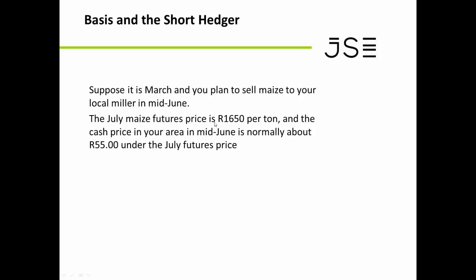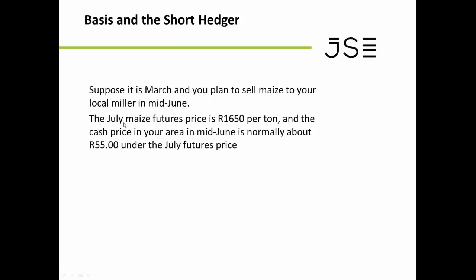The July maize futures price, traded in March, is 1,650 Rand per ton, and the cash price in your area by mid-June, people historically know that around June, the difference between your cash and your futures price is normally about 55 under. When we say 55 under, it means the cash price line is below the futures price line. And when we say above, it's the other way around. It's when they are reversed.